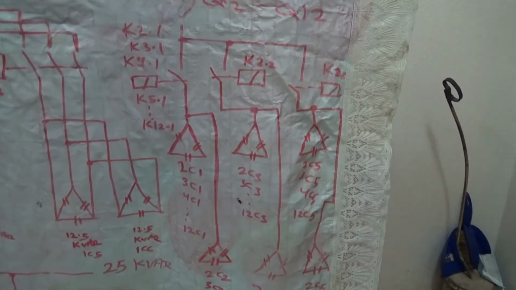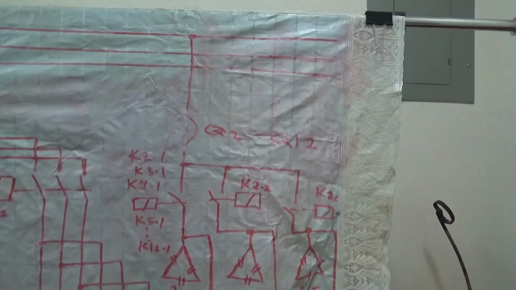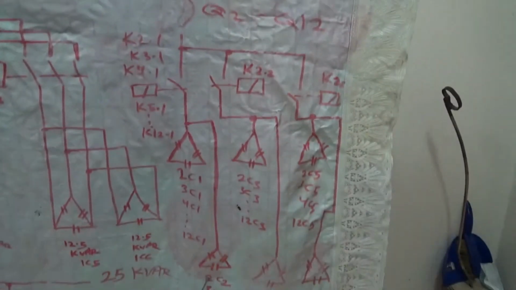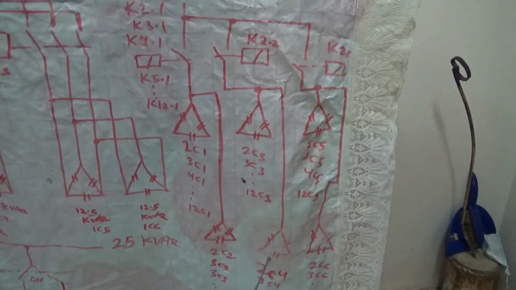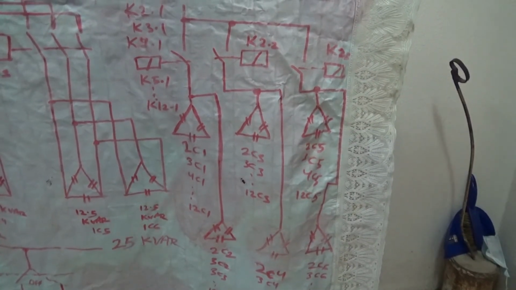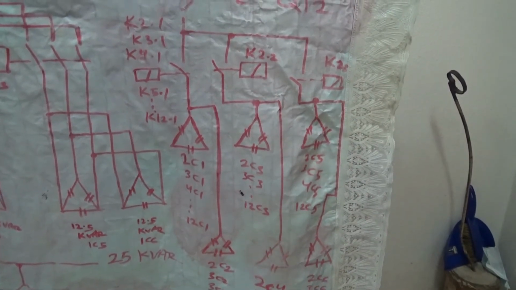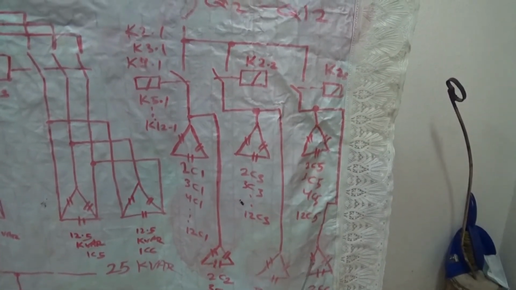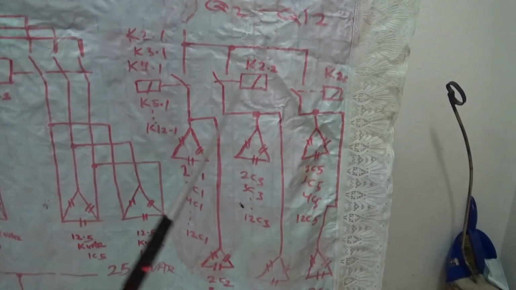This is 2C4, 3C4, 12C4. Then here the third set is 25, 25, and 12.5, 12.5, which is 25 kVAR. So this is the general representation for Q2 to Q12.